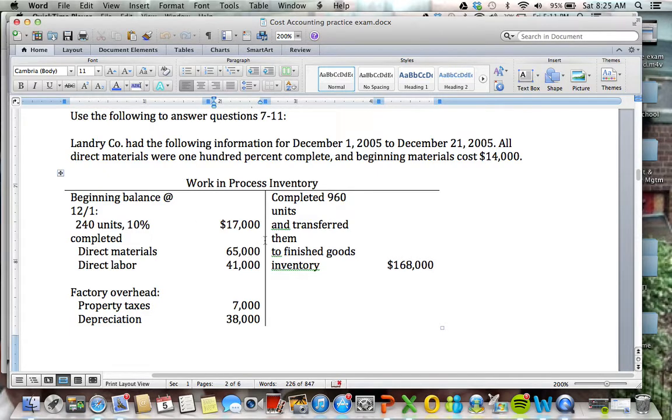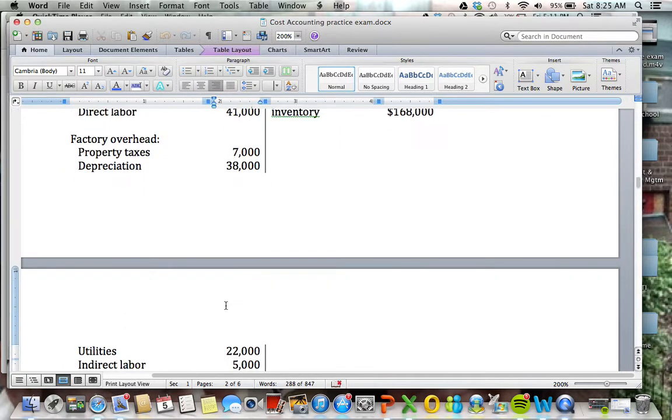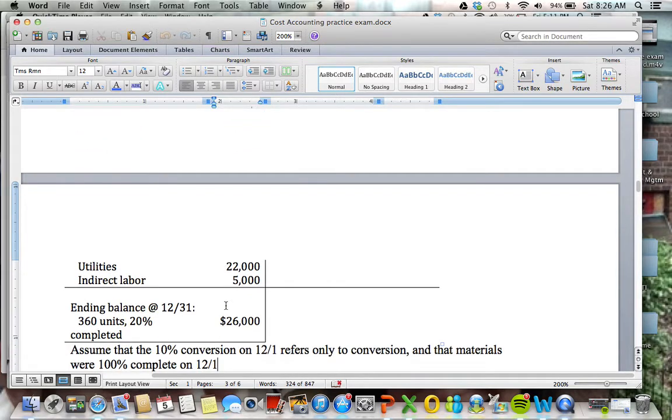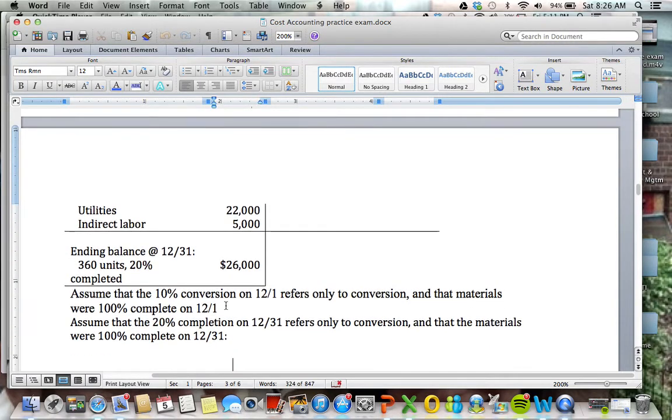We spent 65,000 on materials, 41,000 on direct labor, and factory overhead we have 7,000 for property taxes, 38,000 for depreciation, 22,000 utilities, and 5,000 in direct labor. This brings us up to the ending balance at 12/31, 360 units, 100% complete for materials, 20% complete for conversion, and they're worth 26,000.